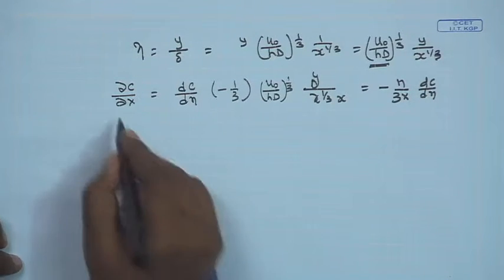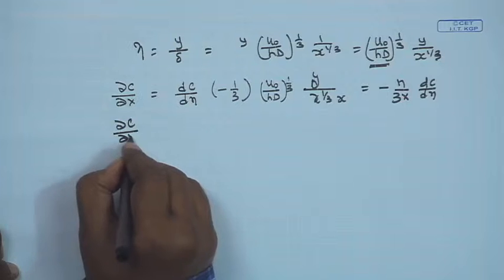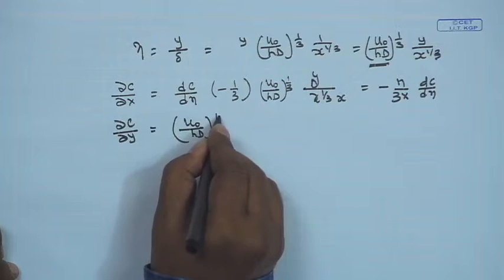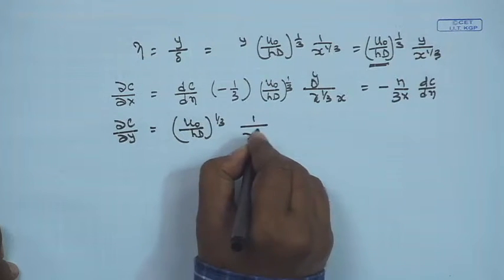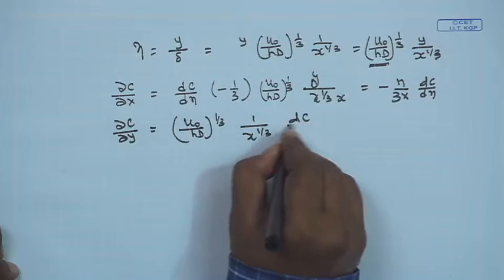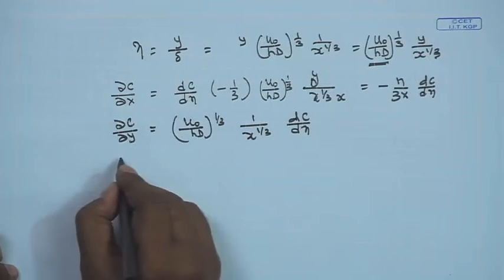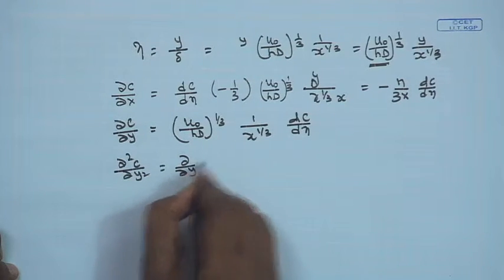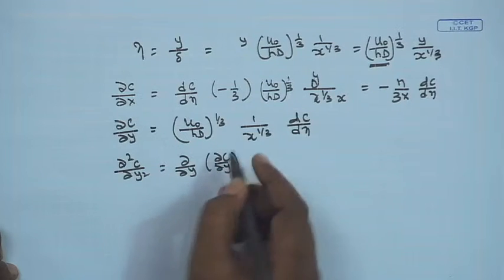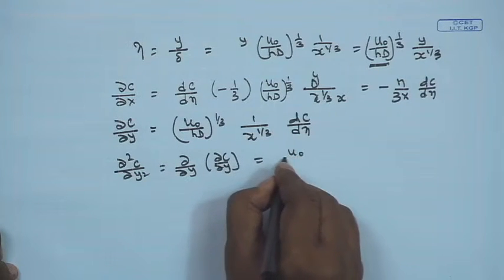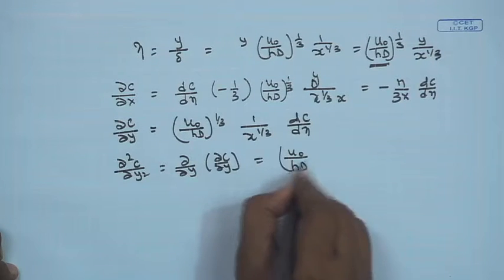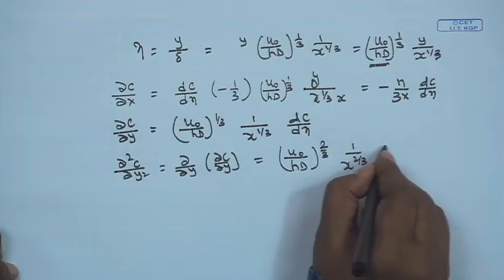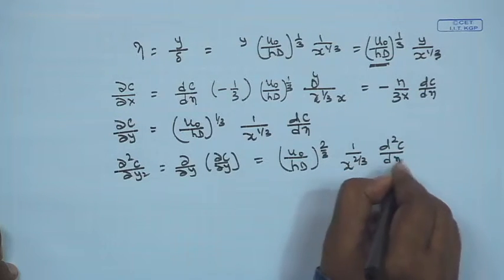And similarly, you can derive del c del y as u0 over h d raised to the power 1 upon 3, 1 over x to the power 1 upon 3, d c d eta, and the second derivative del square c del y square will be nothing but one more derivative of del c del y. If you do that, the expression becomes u0 by h d raised to the power 2 by 3, 1 over x to the power 2 by 3, d square c d eta square.